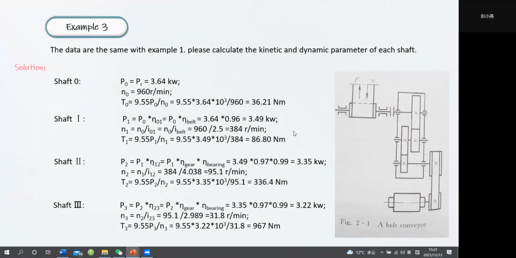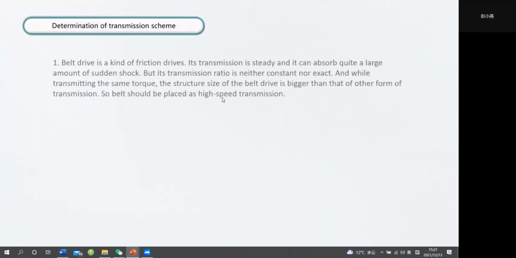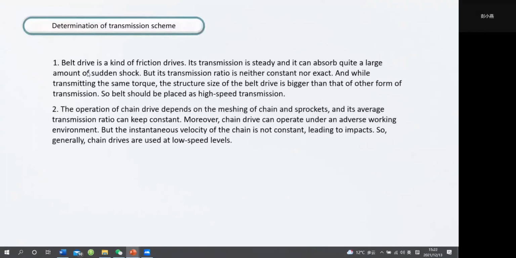In the determination of the transmission scheme, we should consider that the belt drive is a kind of friction drive.